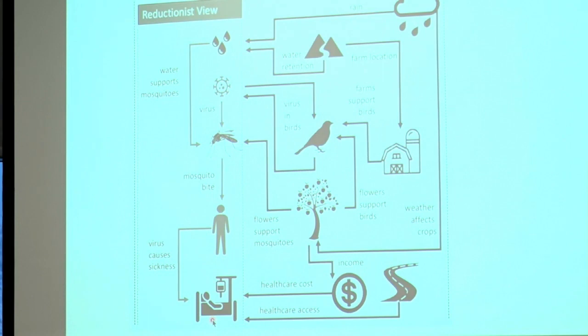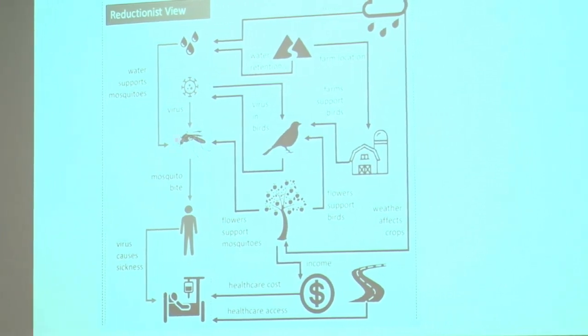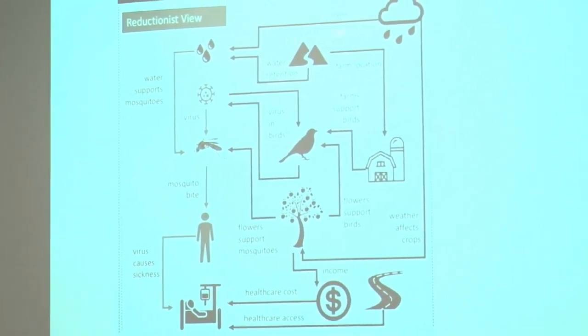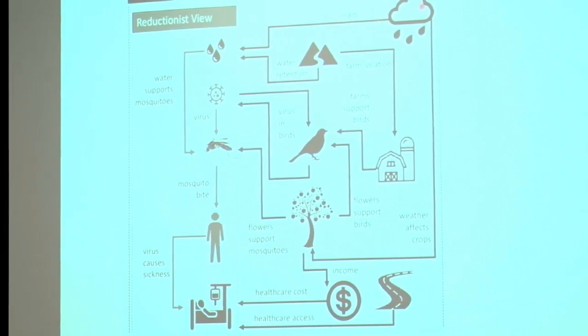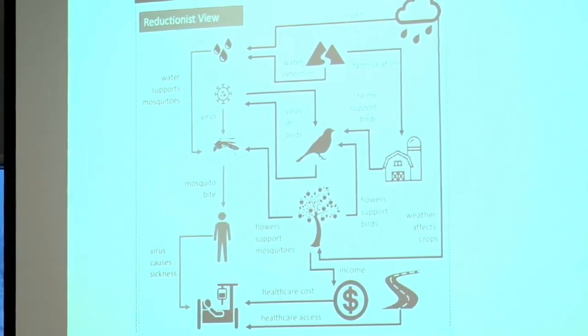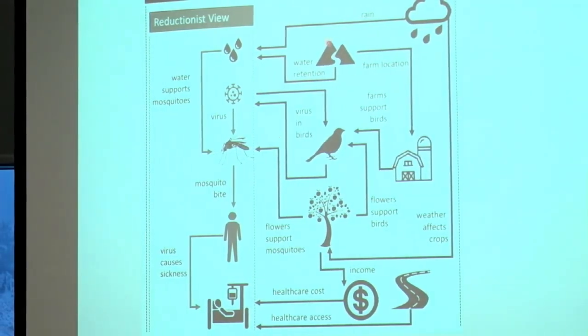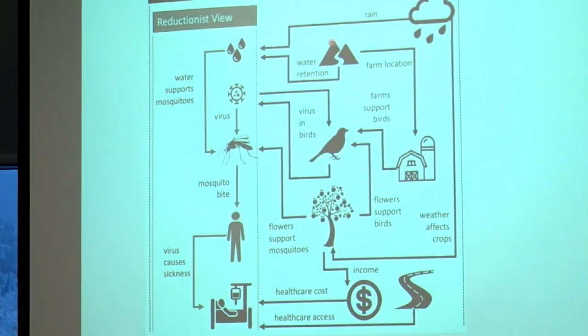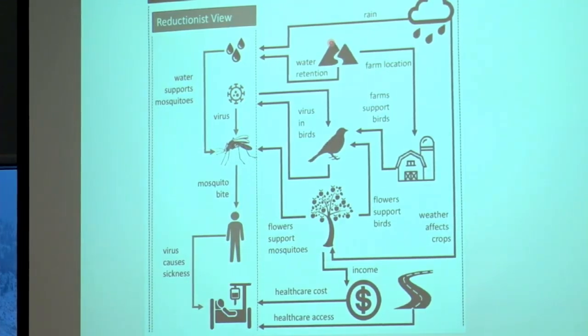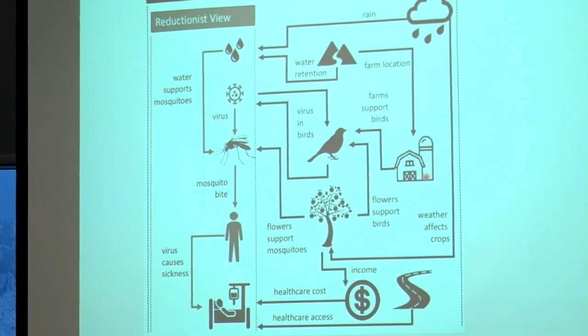It's more like this, where the water we're concerned with is coming from multiple sources. Weather, for example, is influencing the abundance of water. Our man-made structures and variation in the natural landscape affect the retention of water, creating the locations where mosquitoes can actually breed. That water is then being used to sustain agriculture.